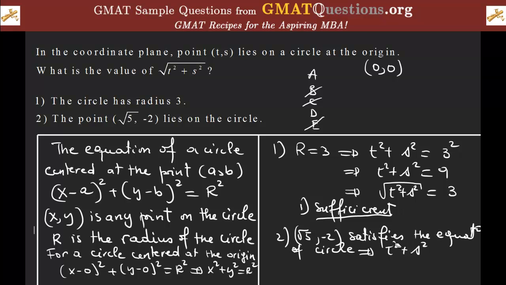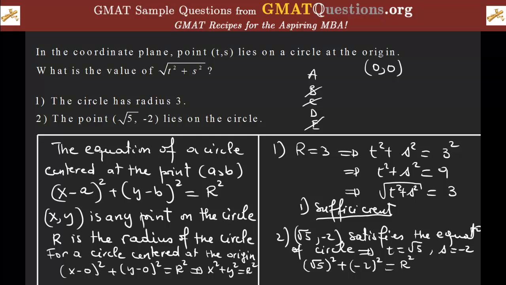actually, let me save time here because I'm going to run out of space. We're just going to say that t equals root of 5 and s equals negative 2. So by replacing t by root of 5 and s by negative 2, we're going to say that root 5 squared plus negative 2 squared should be equal to r squared.